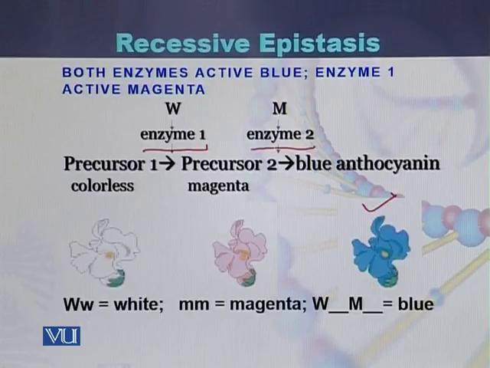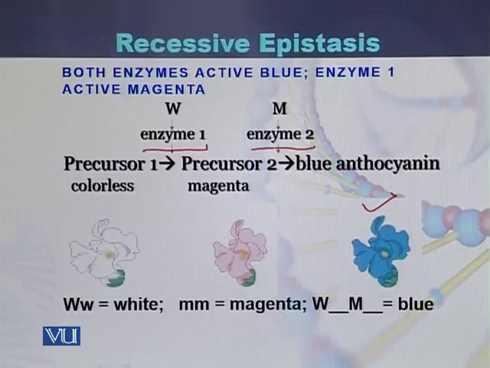Blue color will be prepared when precursor 1 is converted into precursor 2 and precursor 2 is ultimately converted into blue anthocyanin. So in the presence of anthocyanin, the color of the flower will be blue.